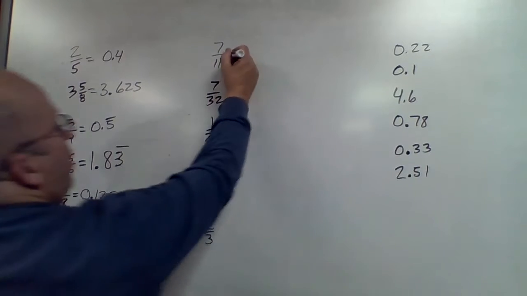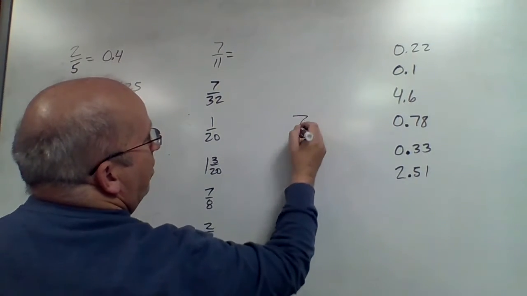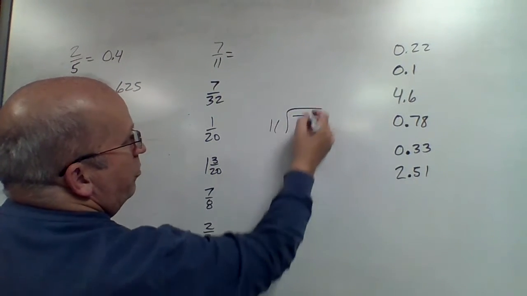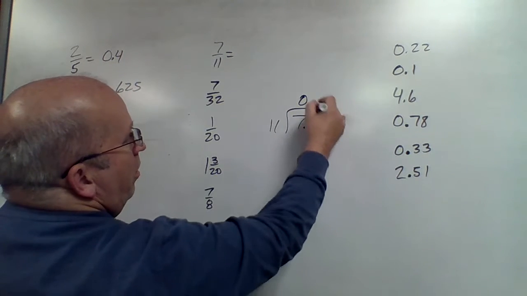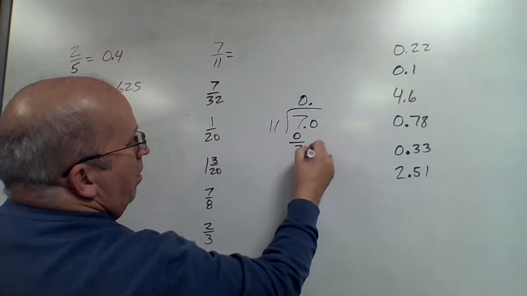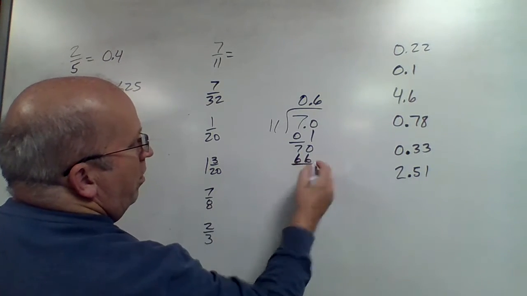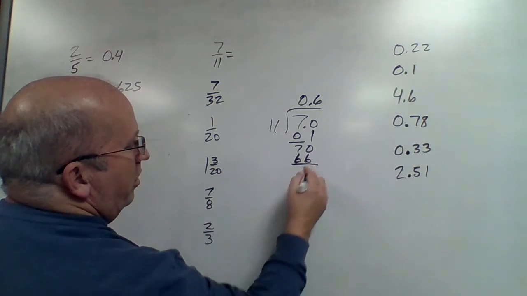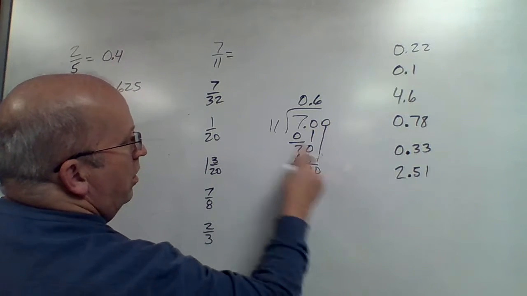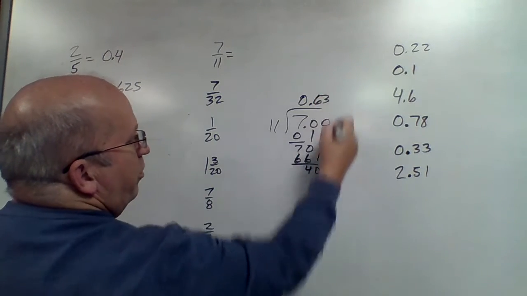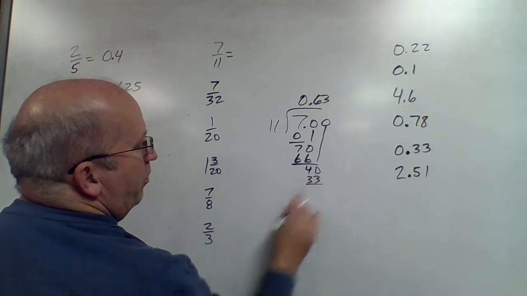7/11s. 7 divided by 11. 11 goes into 7 0 times. But it goes into 70 6 times. 6 times 11 is 66. Get a remainder of 4. 11 goes into 40 3 times. Got a 33 there.